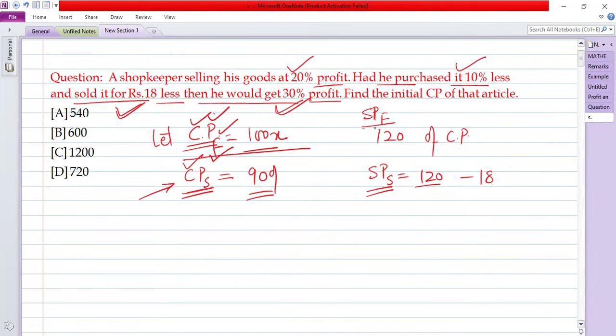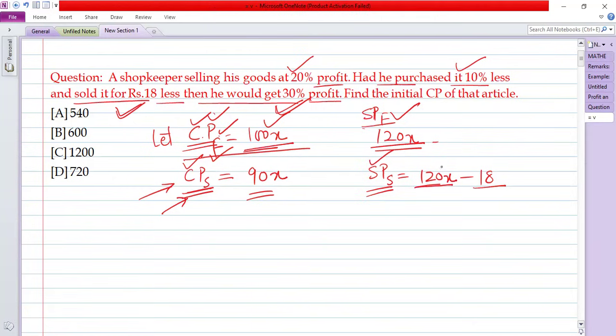What will be the first selling price? It will be 120x. So 100x is the first cost price and 120x is the first selling price. What is the second cost price? It will be 90x. And the second selling price will be 120x minus 18.